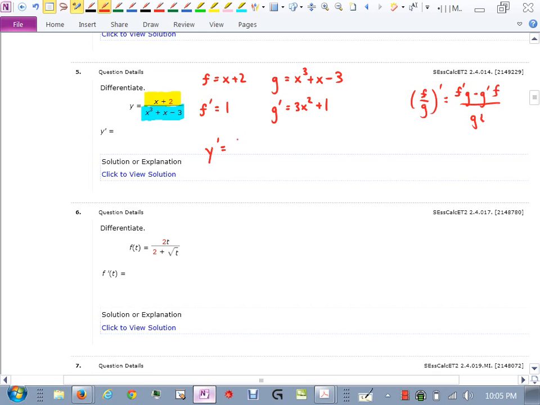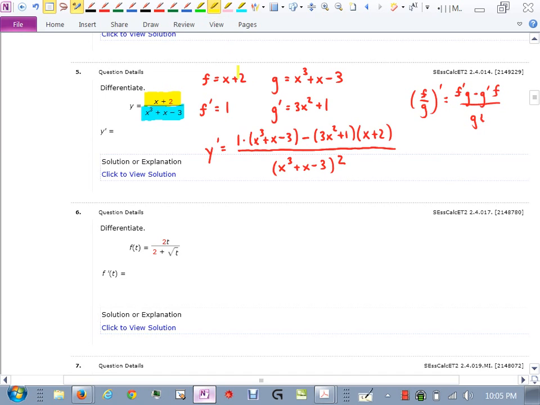So I want f prime first, which is 1, times g, so x cubed plus x minus 3, then minus g prime, which we said was 3x squared plus 1, times f, which is x plus 2, and all of that divided by g, which was x cubed plus x minus 3, all of that squared.